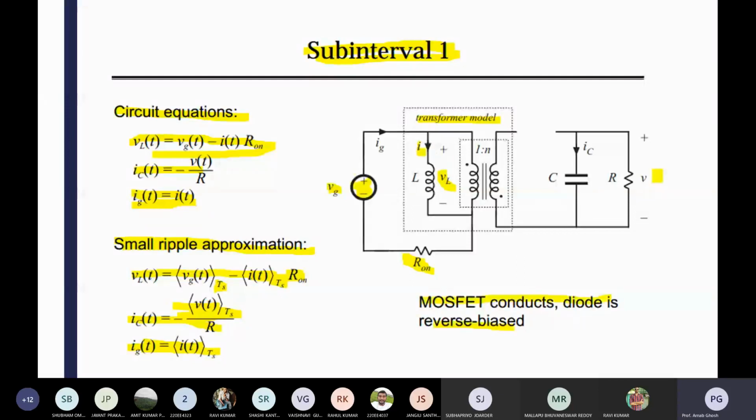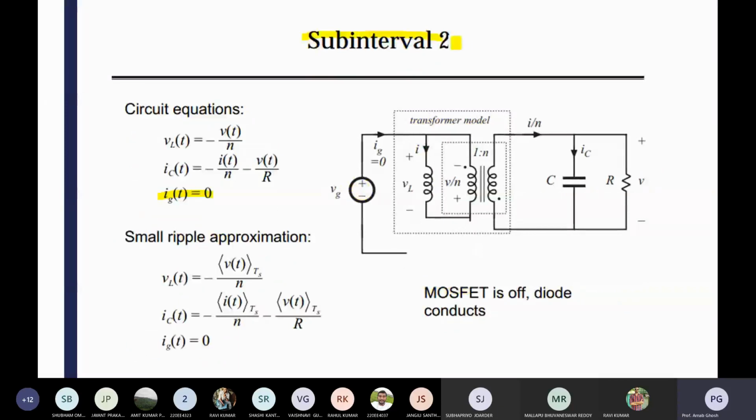Then we can go for the second sub interval. Here you can see that the source voltage is not in your equation. Basically the MOSFET is out of the circuit and only the diode is conducting. So the MOSFET is off and the diode conducts. Circuit equations: VL equals minus v by n, because the polarity changes, the dot is there, so it is reflected over there.